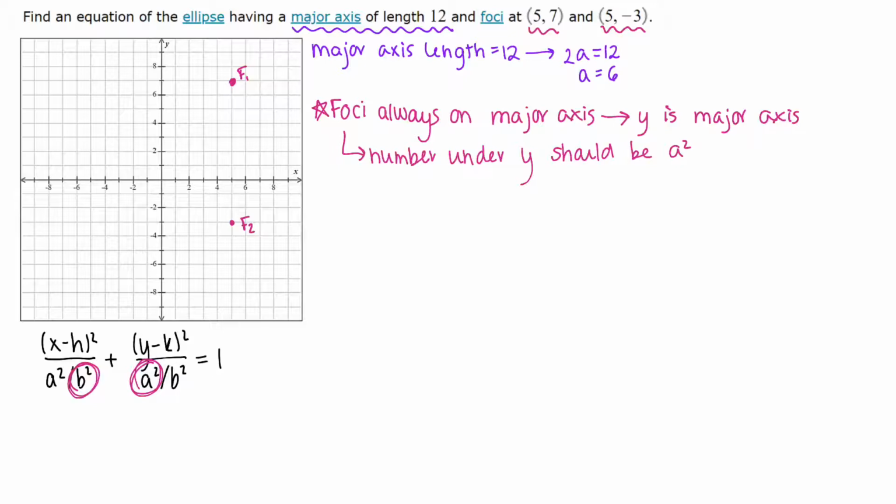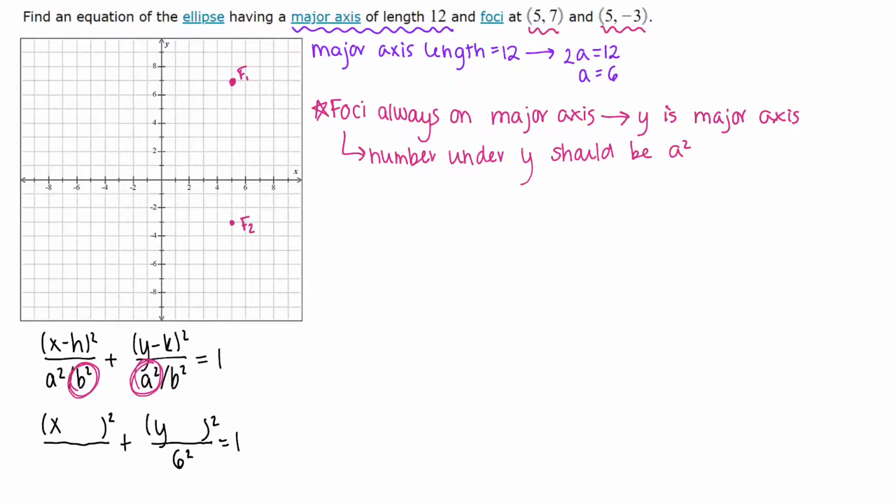So why don't I start filling it out? We still don't know what's going to be happening with h or with k. But we do know a squared, which is 6 squared, should go underneath the y value because the bigger number goes under the major axis.